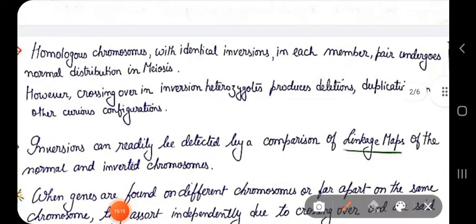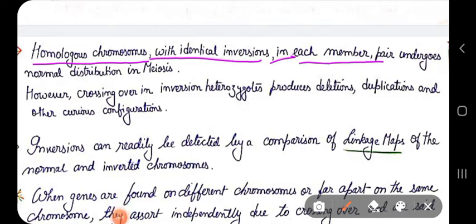It is saying clearly that homologous chromosomes having an identical inversion in each member of the pair undergo normal distribution. But when crossing over occurs in an inversion heterozygote, that means one chromosome from the homologous pair has the inverted segment and the other chromosome from that same pair is normal.